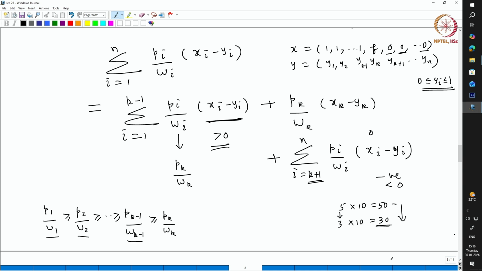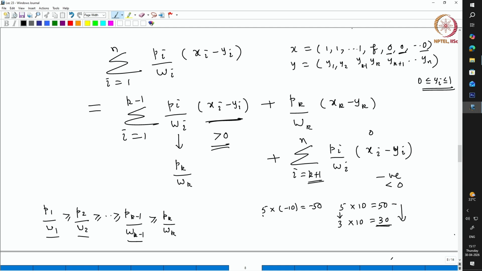Each term is negative. When you have a positive number and a negative number multiplying to give a negative number, Pi by Wi is profit per unit weight, a positive number. So that is like 5 times minus 10, that will be minus 50.